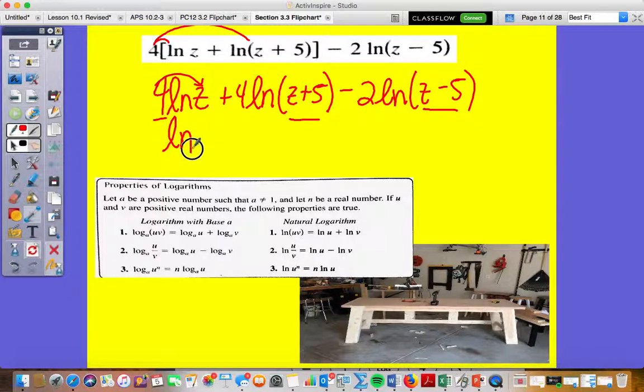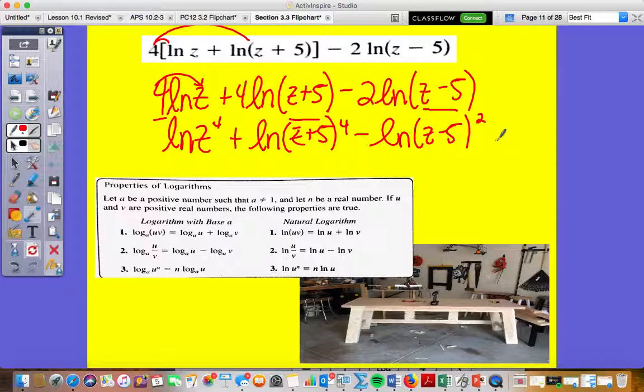So this would be ln of z to the 4th, plus ln of z plus 5 to the 4th, minus ln of z minus 5 to the 2nd. Good. And what do I do with z to the 4th and z plus 5 to the 4th?